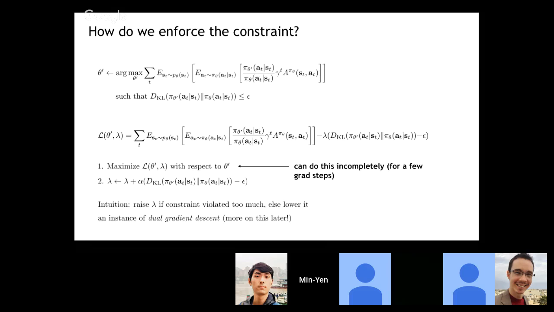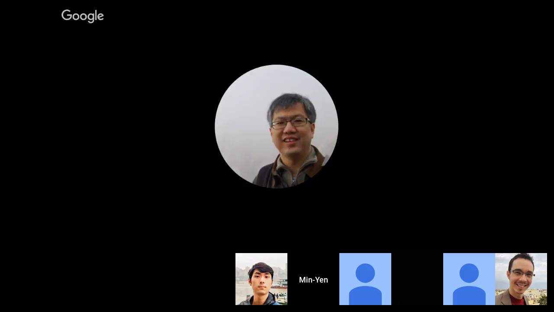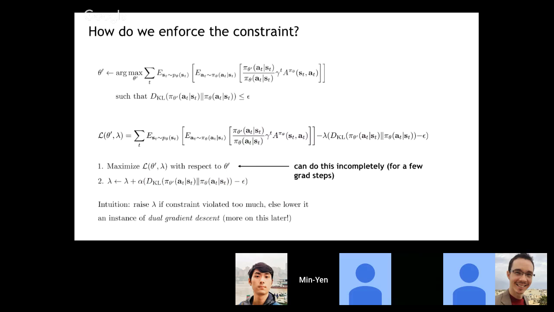If we increase theta prime, this first term has a proportional relationship. Yeah, I think if you find a better theta prime, the first term will increase because you find a better policy, hence your expectation increases.